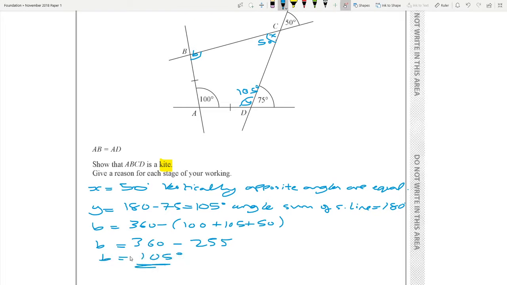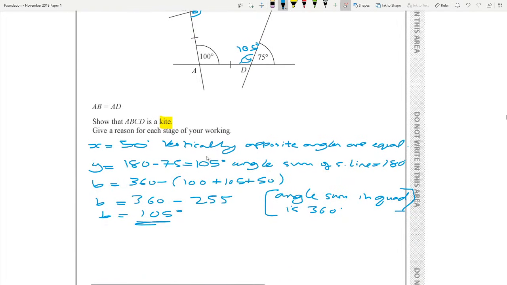Give a reason for each stage, so you need to give a reason for this one as well. Angle sum in a quadrilateral is 360 degrees. That's the reason at this stage. Show that ABCD is a kite.